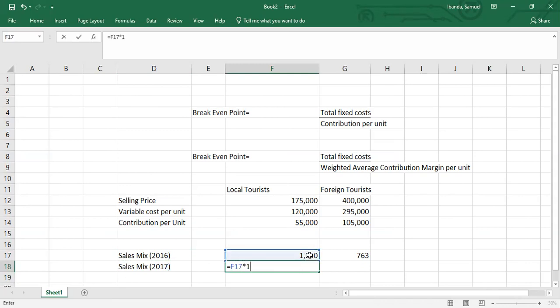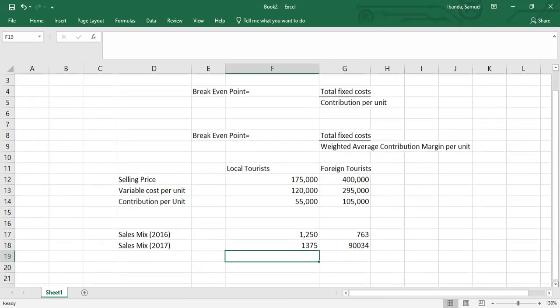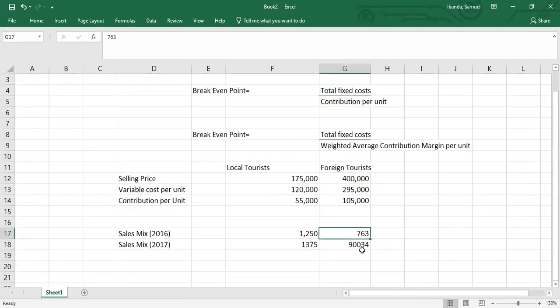This is times 110%, and then this will grow by 18%. Yes, 118%. Okay, so that is what we have.